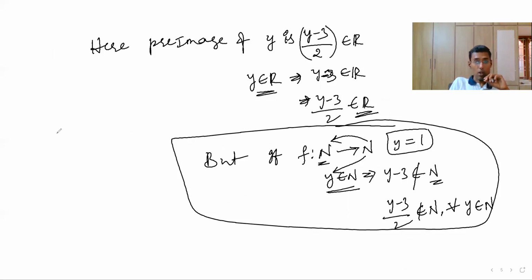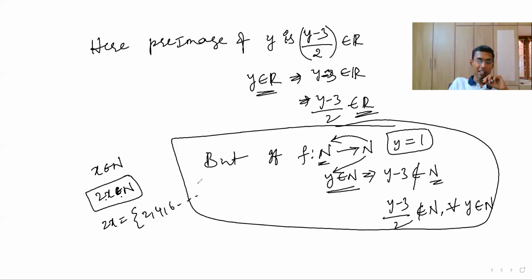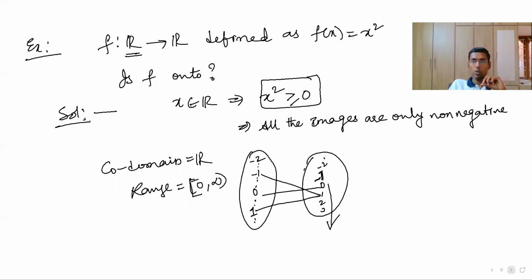But here you can't say that for natural numbers. x is a natural number, 2x is a natural number, but 2x is only 2, 4, 6, so not all natural numbers are there. Like that, a little intelligence we have to use.